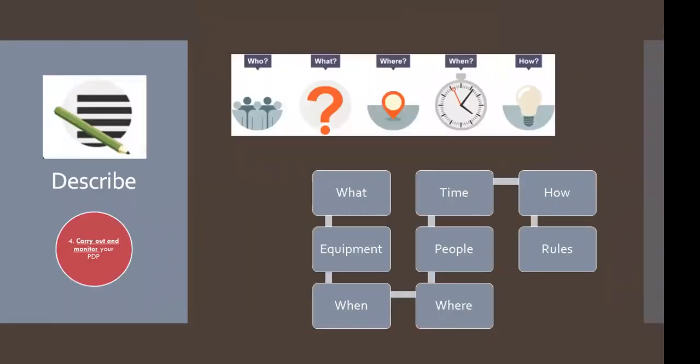So here's a wee example of how describe has been broken down. The top illustration here is off BBC Bitesize again, and I know a lot of people have been using that. We've gone one wee step further. My colleagues and I have really thought about, right, what's the checklist? What are all the different parts of describe that the candidates sometimes forget? Things like equipment, how long they do something for, the time, how many people are involved, what it is, how it's actually carried out.